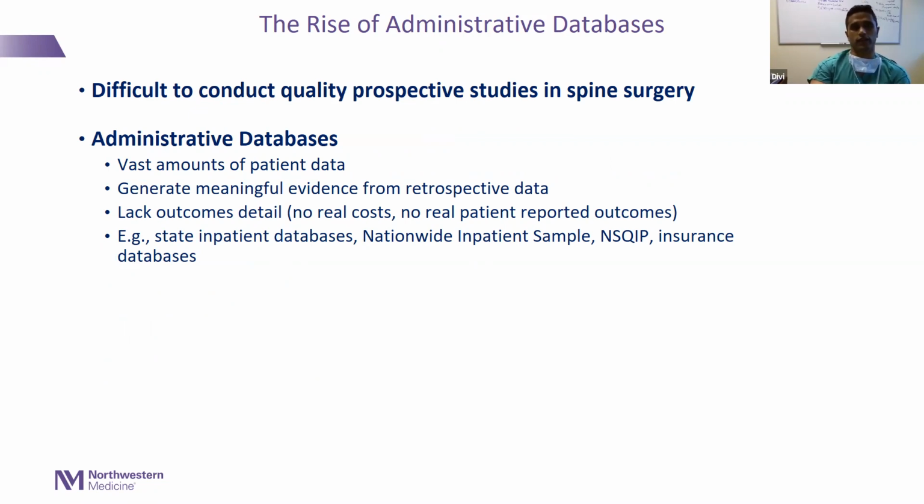We know it's difficult to conduct quality prospective studies, so administrative databases provide us with vast amounts of patient data, and you can generate meaningful evidence from this retrospective data. The one problem is they lack outcomes details, right? There's no real patient-reported outcomes. So these may include state inpatient databases, the nationwide inpatient sample, NSQIP, insurance databases.